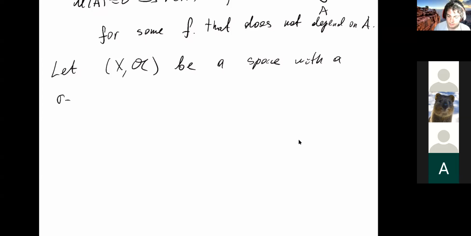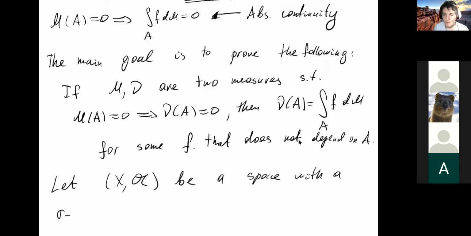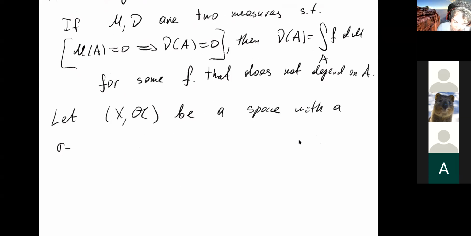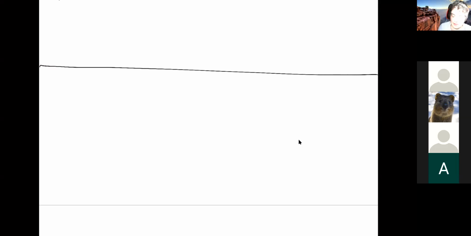I got confused when we were talking about, so we're now trying to prove that mu of A equals 0 implies nu of A equals 0? No, I'm proving that this arrow implies that nu is an integral. First of all, we'll start proving it, definitely not today and maybe not even on Monday, and when we do, I'll state it formally. Let me try to state it more formally.